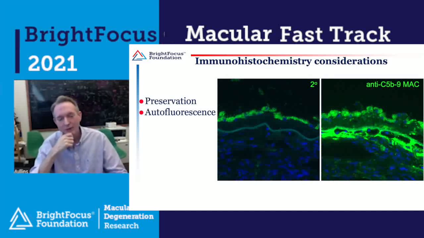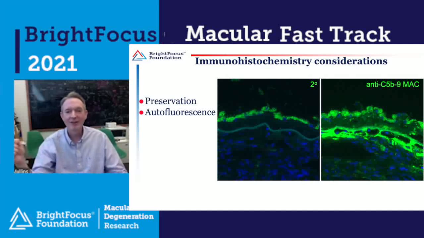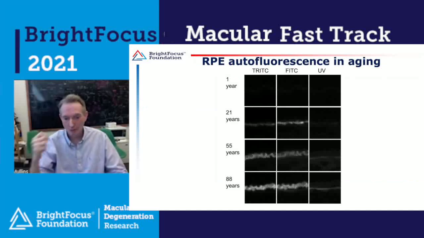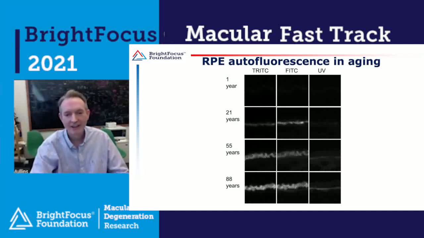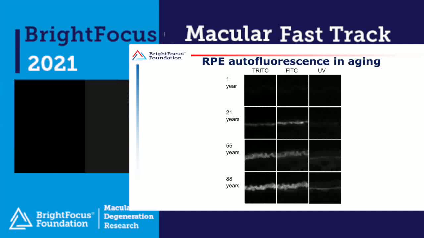And so RPE, as we have heard, accumulates autofluorescent compounds during the course of normal aging. And you can see these here from 1 year of age to 88 years, that whether you're looking at the TRITC channel, FITC channel, or UV, there's an age-related accumulation of autofluorescent material in the RPE, and in the case of the UV channel, in Bruch's membrane.